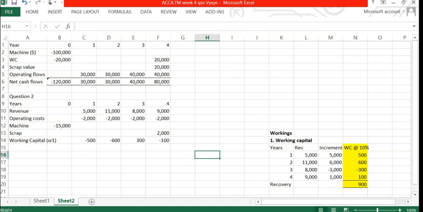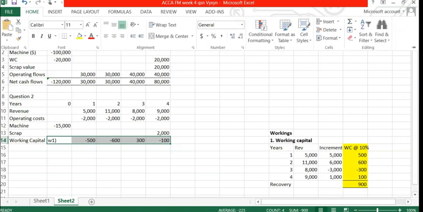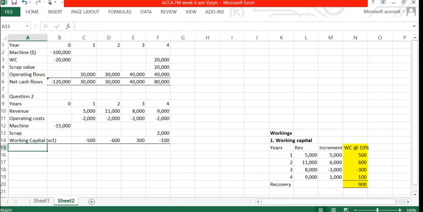And then after we do this, we then have to rule out everything and come to the net cash flows. As usual, our net cash flows are just an issue of adding up things. So here we are having negative 15,000.